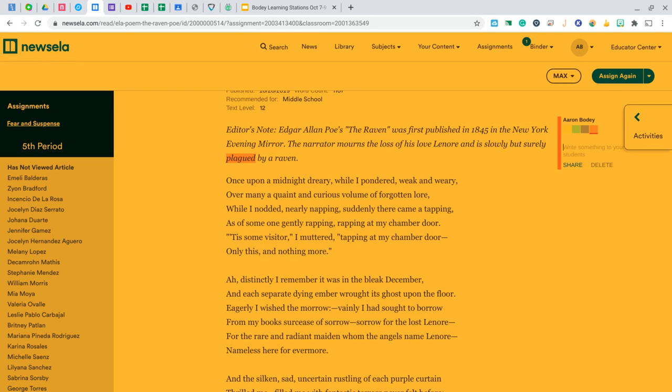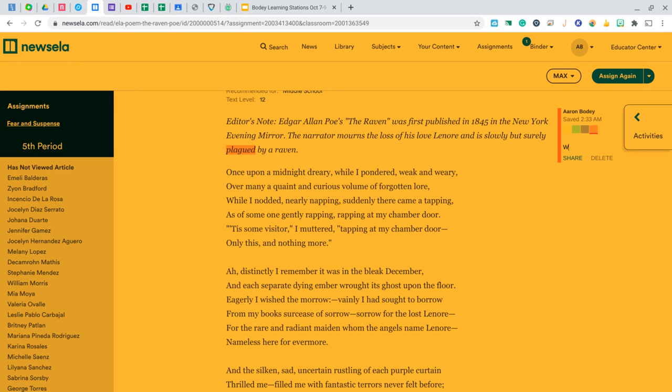Because it's past tense, we know it's a verb and that it's previously happened. So we'll go ahead and write here that the suffix ed tells me that the word is a verb, and that it's already happened.